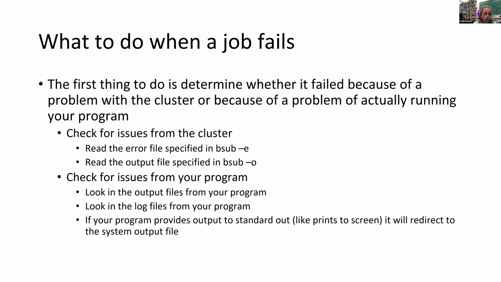Things that are written to the standard out are going to be pretty serious errors that are terminating the execution of your program. So you may find something like that in your -o file, but generally you're going to be looking for things from your program inside of the log file or other output files that your particular program will configure.